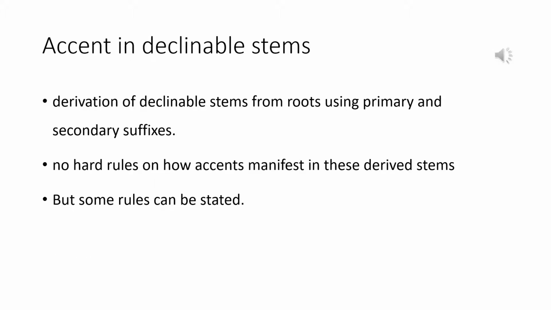In lesson 36, we saw how declinable stems are derived from roots using primary and secondary suffixes. There are no hard and fast rules on how accents manifest in these derived forms, but some rules can be stated.